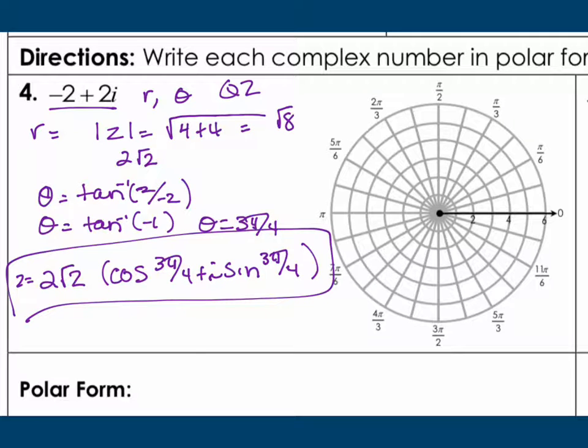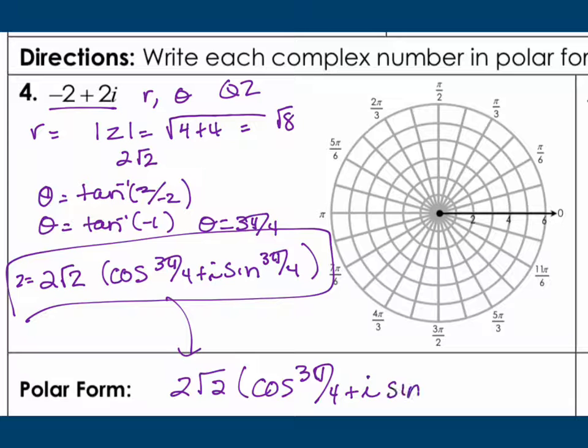Well, I was supposed to write that down there. So let me write it again. 2 square root of 2 times the cosine of 3 pi over 4 plus i sine of 3 pi over 4. Guess you don't need those parentheses, but I stuck them in there.